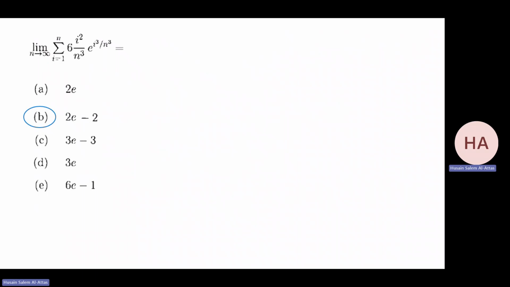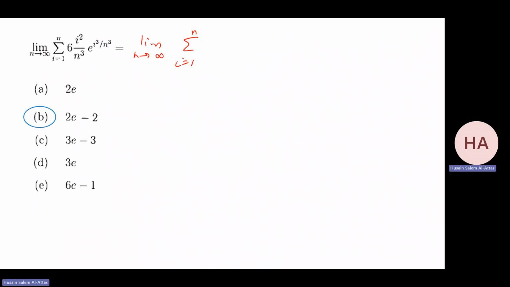Okay, now he links this to the Riemann sum. Yeah, so when you do the Riemann sum, you change it to a different integral. You need to solve that integral using substitution. Look, very clear. I can rewrite this limit as n goes to infinity, summation i equals 1 to n.